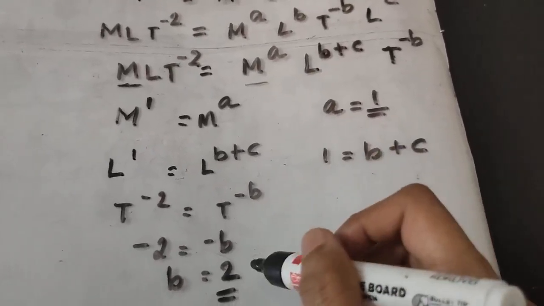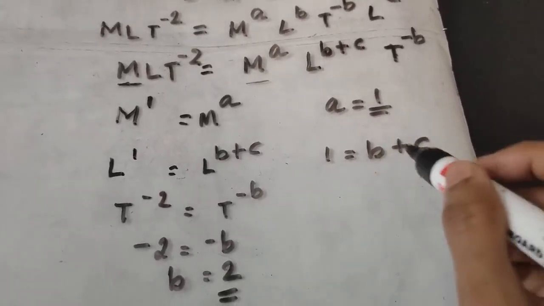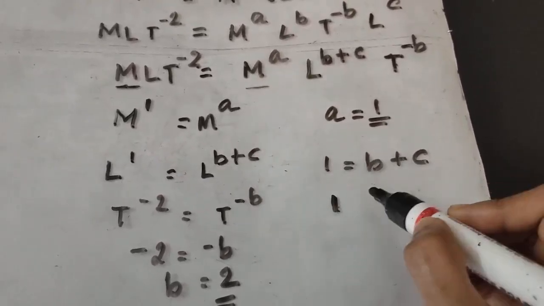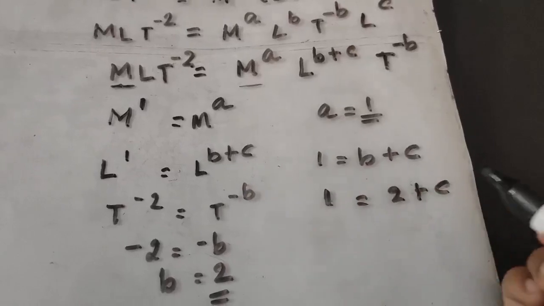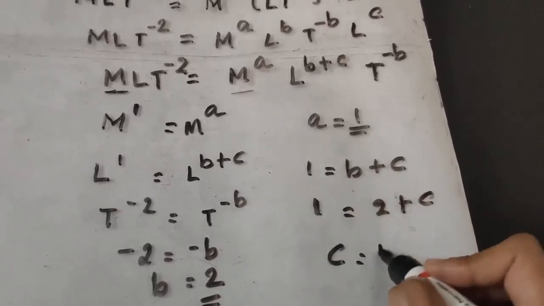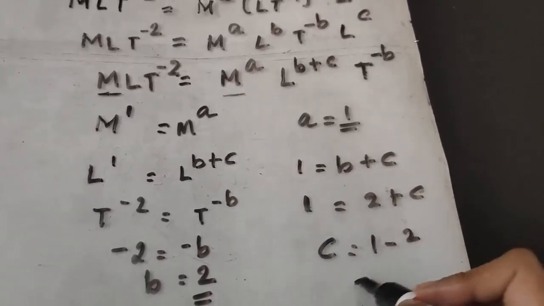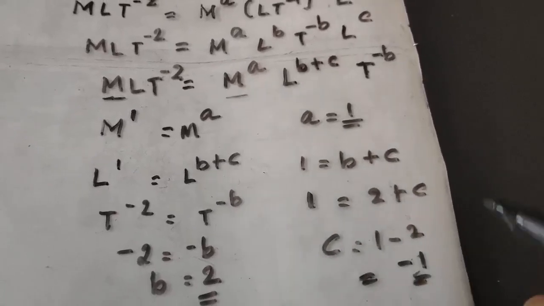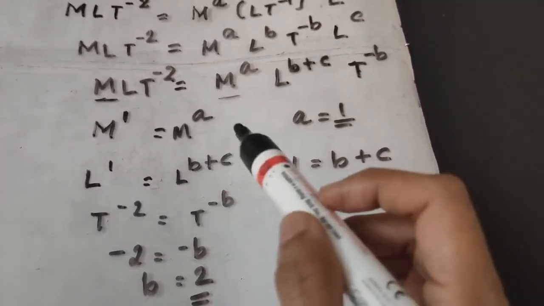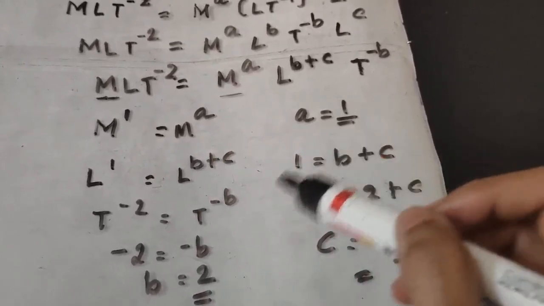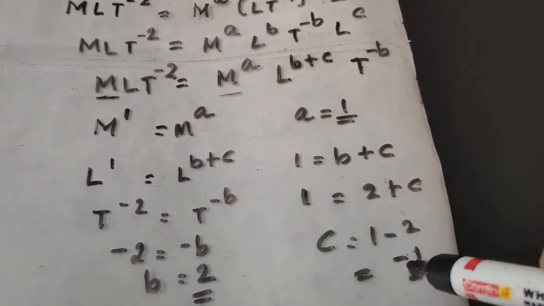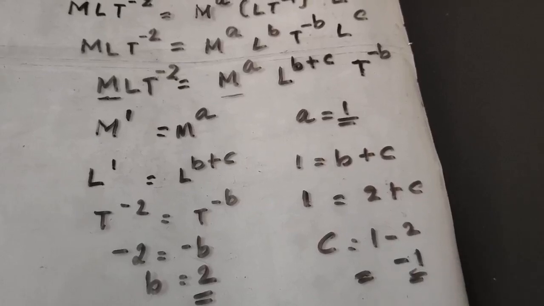Let us put the value of B here so that we can find C. 1 is equal to 2 plus C. So C is equal to 1 minus 2, which is equal to minus 1. So now we got all the values: A is equal to 1, B is equal to 2 and C is equal to minus 1.